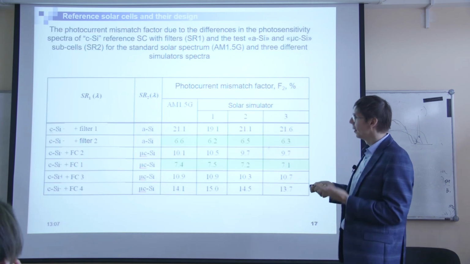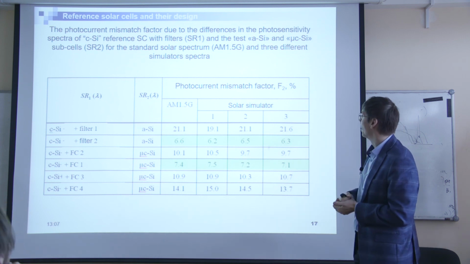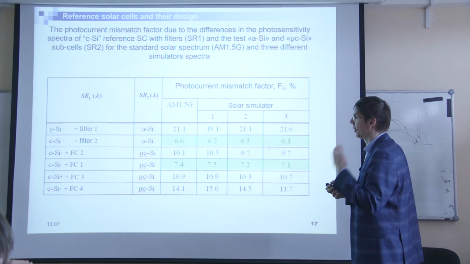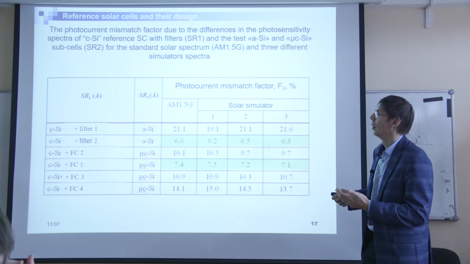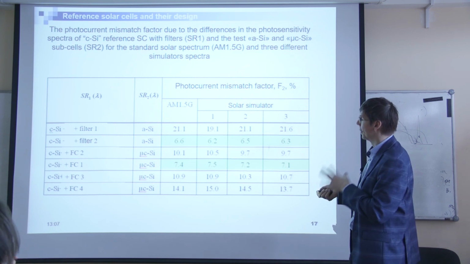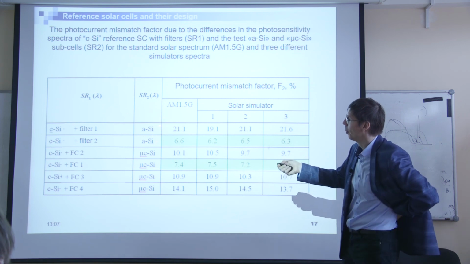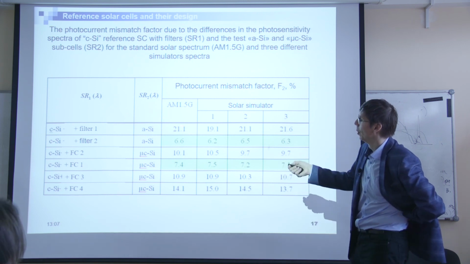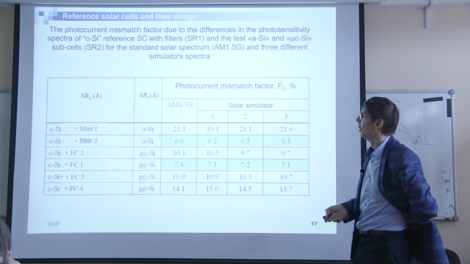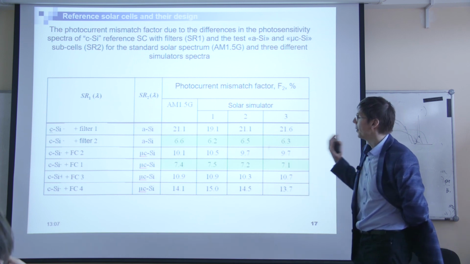But using numbers, if you make a calculation of the factor F2, you can make an estimation of each combination of filters. So here you have results of this calculation. For example, for the top junction, there are two. The first one is filter 1 I have demonstrated before. It was this 21% for this reference condition.